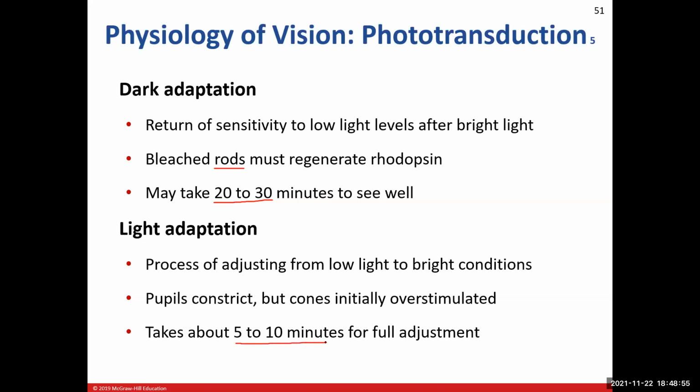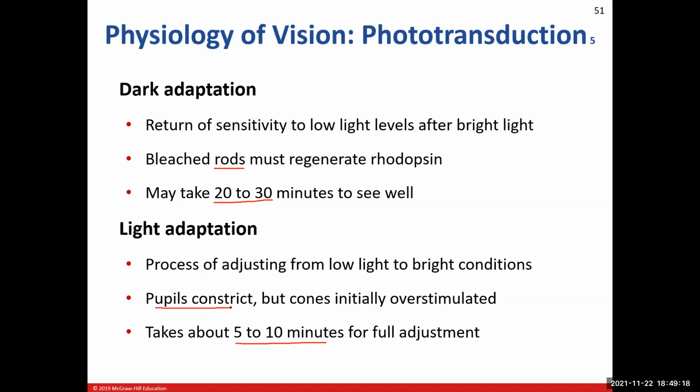And that's because the photopsin there in the cones regenerates faster than the rhodopsin does in the rods. Also, we'll get some pupillary constriction here, which is good because when the pupils constrict, it lets less light into the eye.